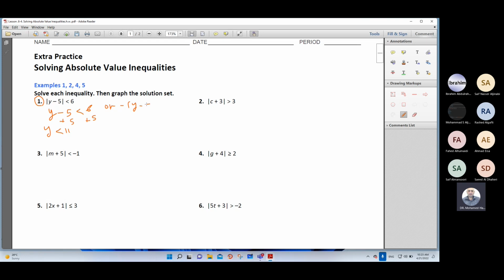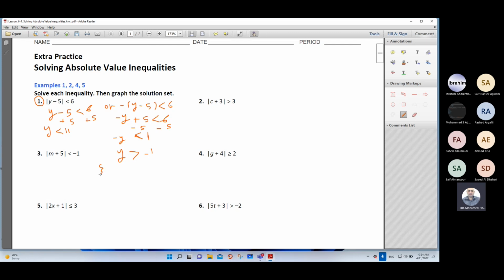Multiply this value by negative. Minus times y will be minus y. Minus times minus will be positive 5, less than 6. Then we can remove 5, so add minus 5 here and minus 5 here. So minus y less than 1. Divide by minus 1 here and here, so y, switch the sign, greater than negative 1.